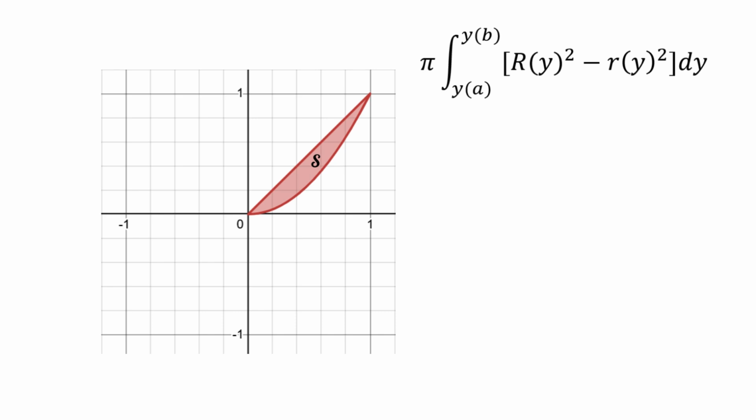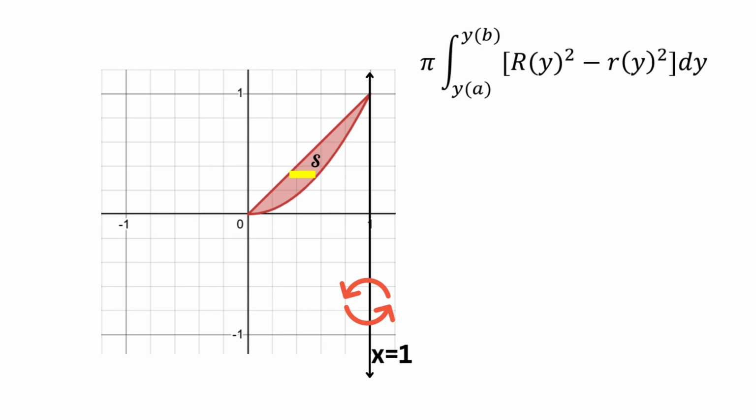In our next example, we're going to rotate the region about the line x equals 1. Remember, our partitions need to be perpendicular to the axis of rotation. So now we have a horizontal partition, which means we are now going to be with respect to y.